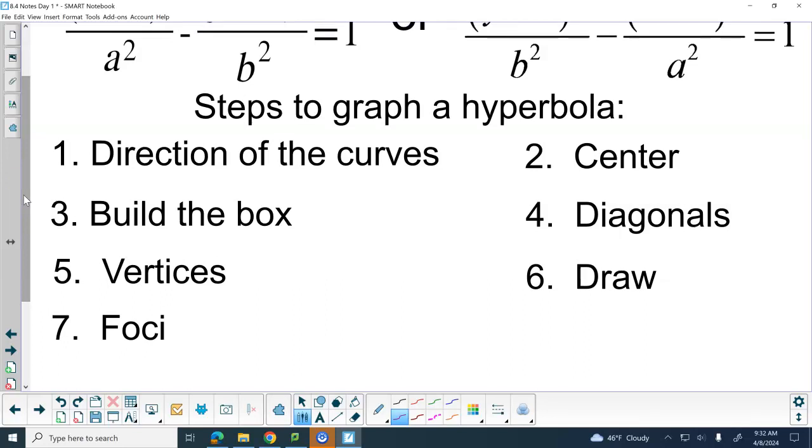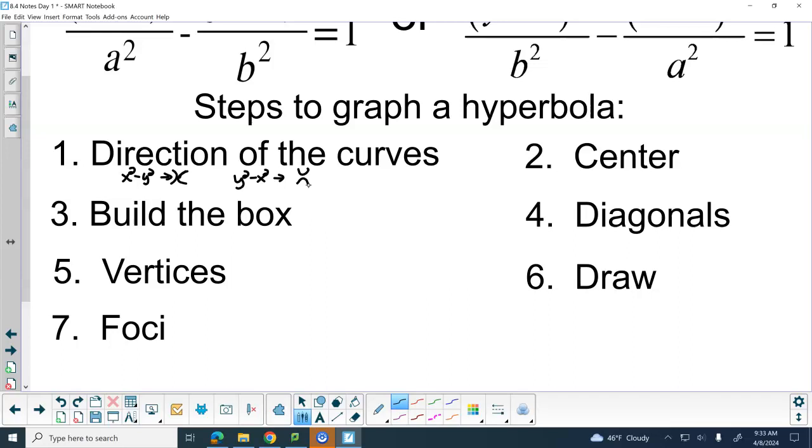First off is the directions of the curves. So if it's x squared minus y squared, then it's left and right. If it's y squared minus x squared, then it's up and down.